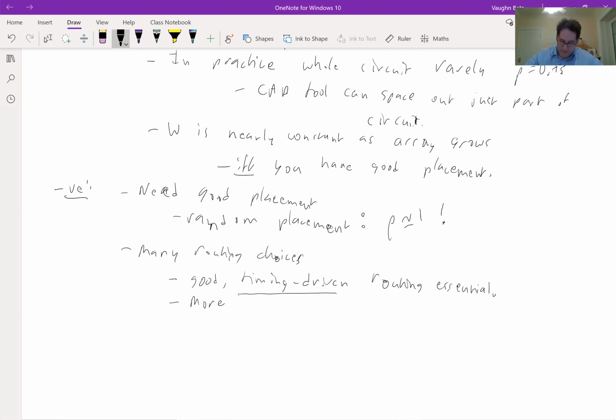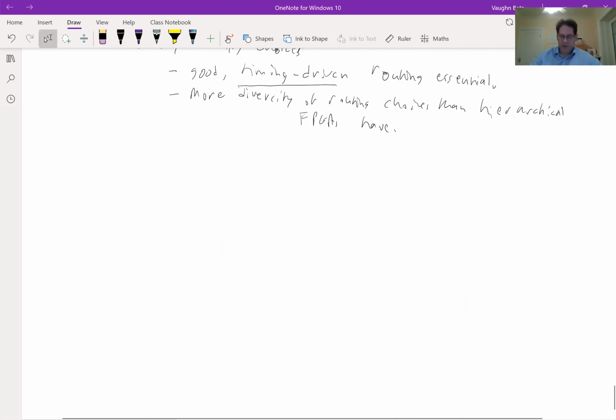And that's driven by the fact that there's more diversity of routing choices than in a hierarchical FPGA. Okay, and the primary kind of architecture we're going to look at and try to optimize is island style. So we'll look at a bunch of these trade-offs.